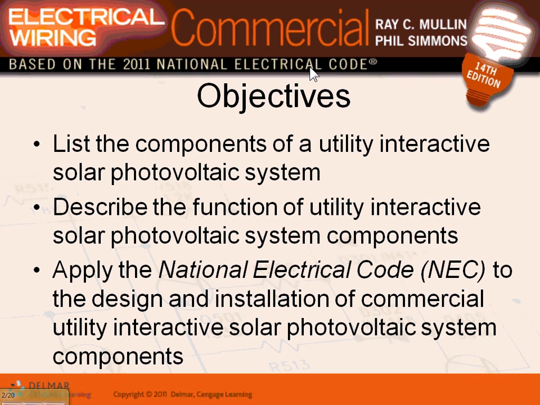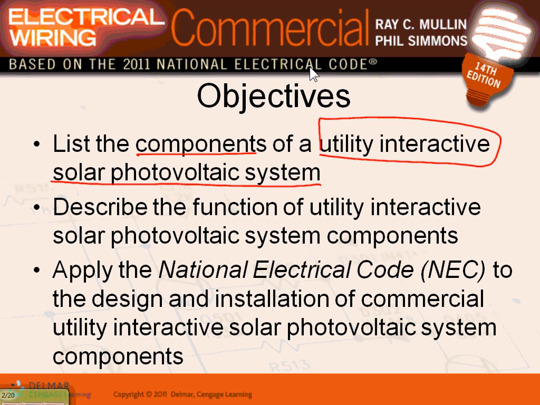A couple of things that we need to achieve from this one. You need to understand the components associated with a utility interactive photovoltaic system. There are three types of system that you can have. One is called utility interactive. It's directly and continuously connected to the grid, and you are shooting the power to the grid, selling to the grid directly.